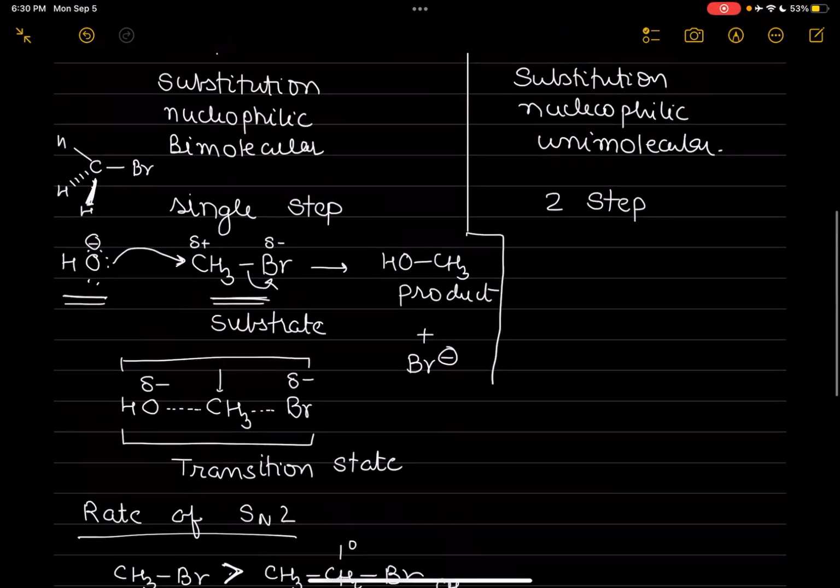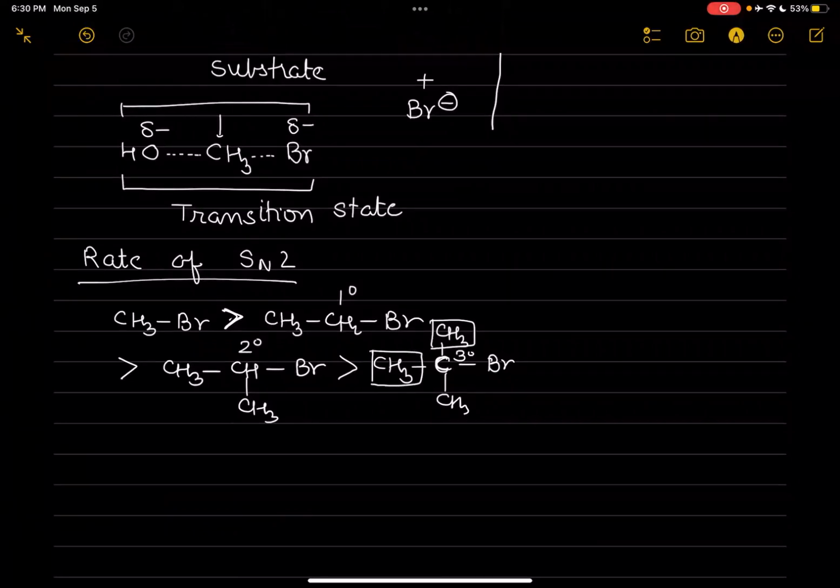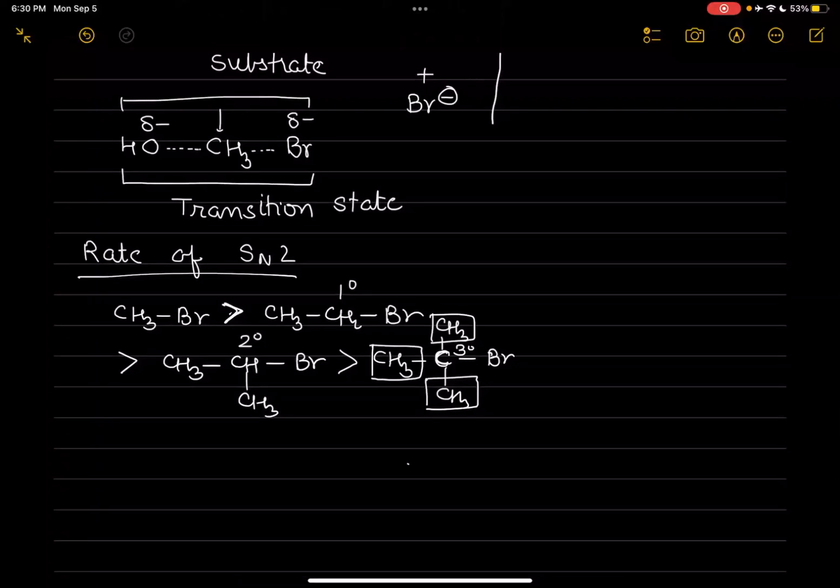So if the carbon is having a lot of carbon, it means it is tertiary carbon. It is having a lot of branching. It is very difficult for the nucleophile to come and join. Okay, it will be like this. If I try to draw it in detail, it is like this.